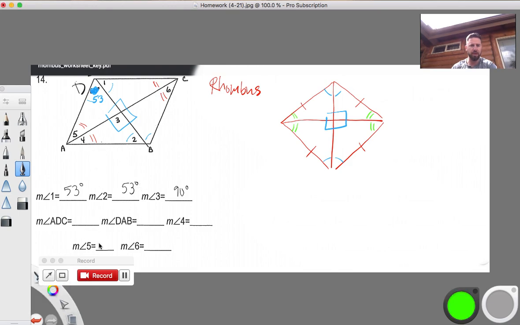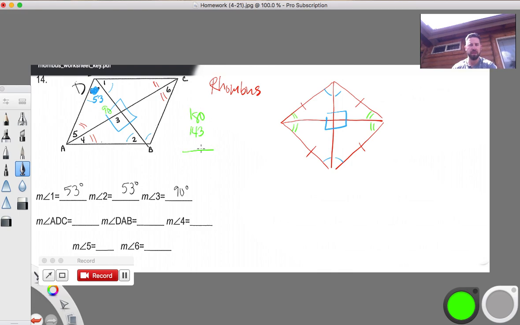Now they're looking for angle 5 and angle 4. We can do that because we have 53 and we have 90 right here, and all three angles in a triangle add up to 180. So 90 plus 53 is 143, and let's subtract that from 180.